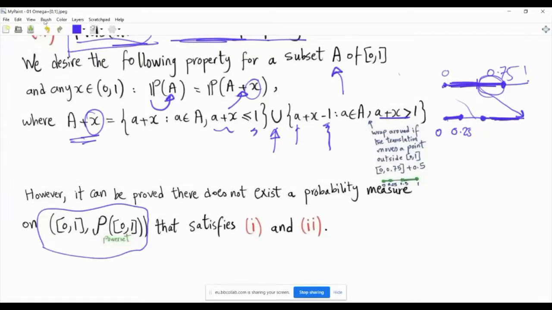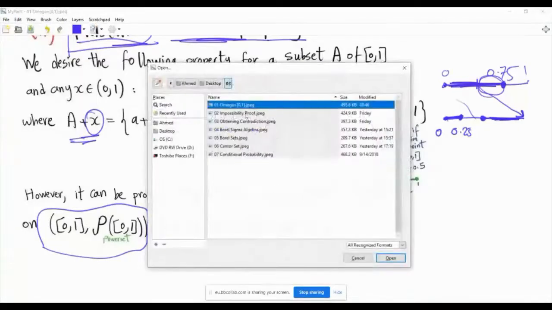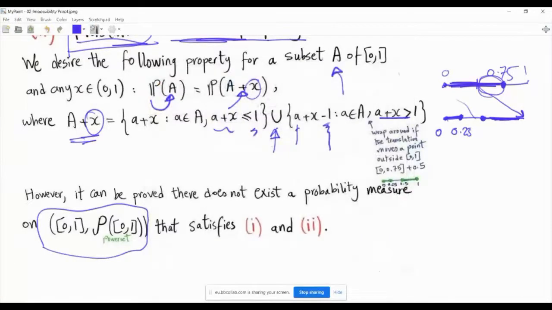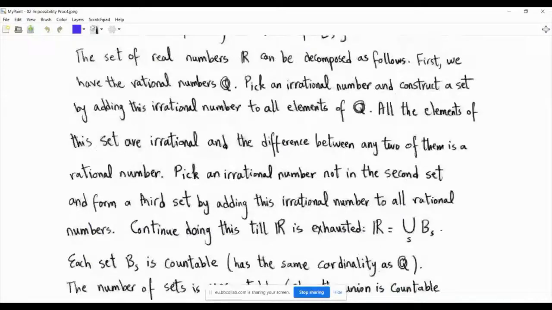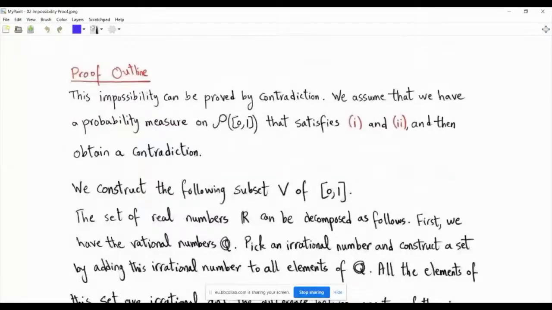We'll just take one impossibility theorem here, but you will get the sense of what I am talking about. As you may expect, we will do a proof by contradiction. And so we will first construct a subset of 0, 1, and I will call this subset set V, first letter of Vitali.